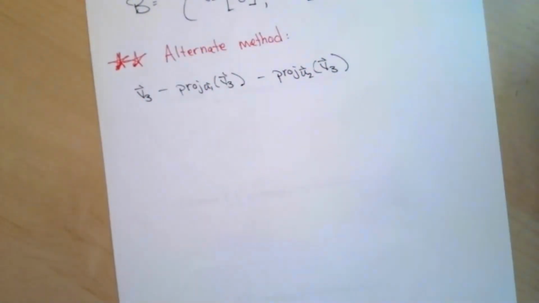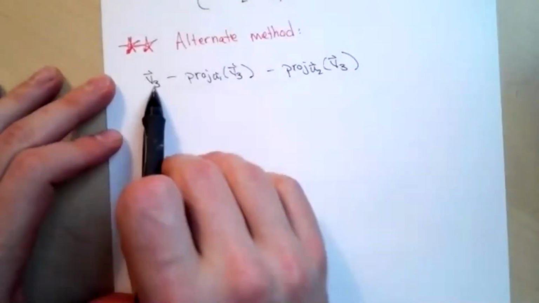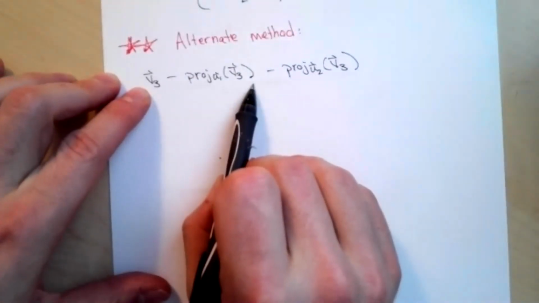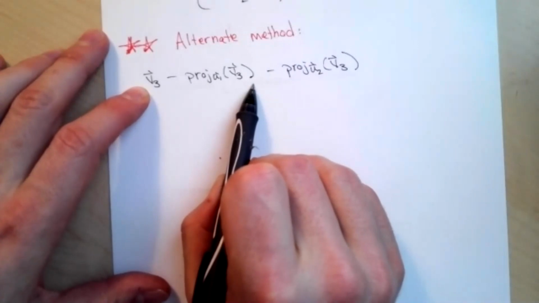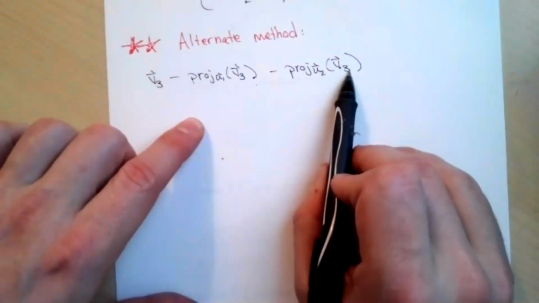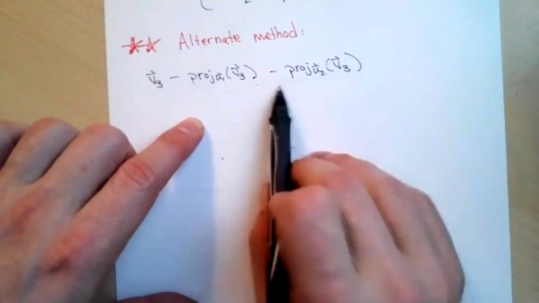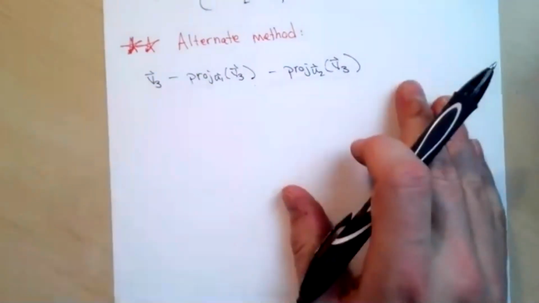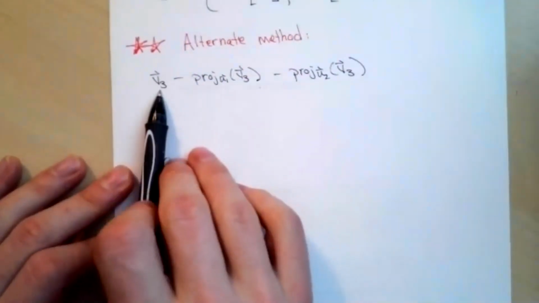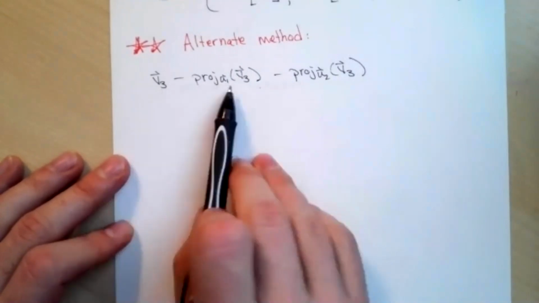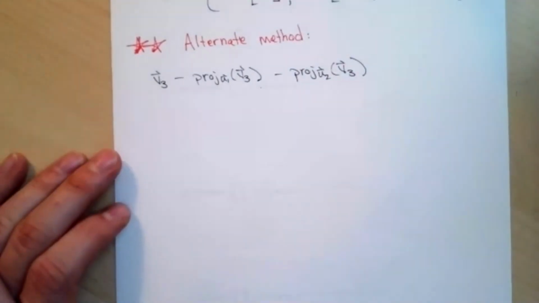So we could do those two steps simultaneously. What we did is we did this step first and called that w3. And then I found the projection of w3 onto u2 and subtracted that off. You could just straight up work with v3 and subtract off both of those projections.